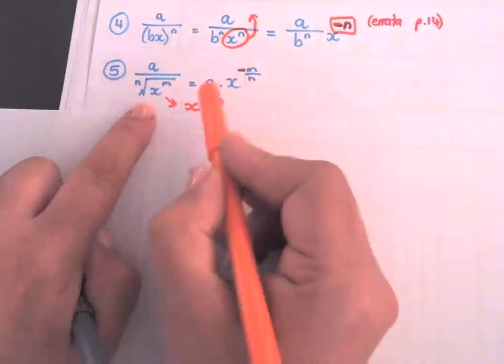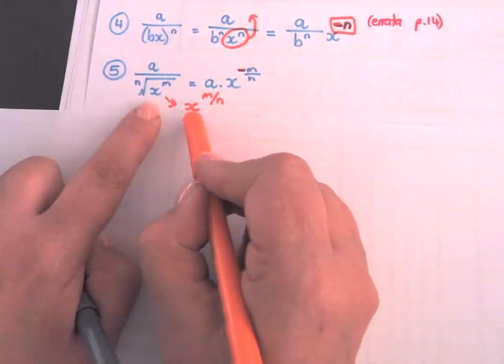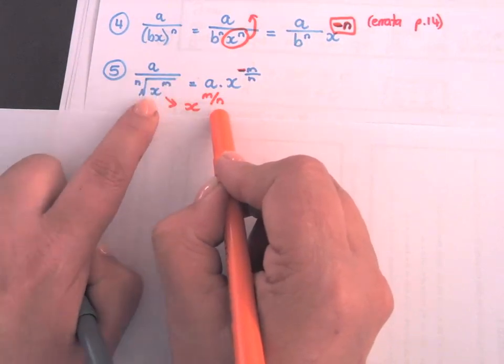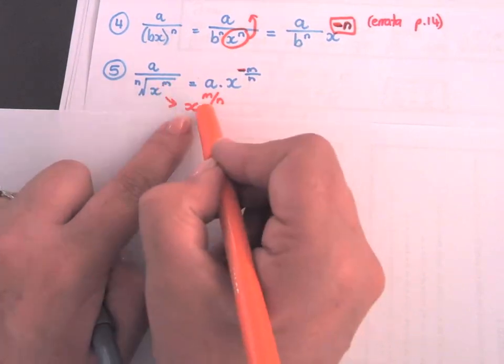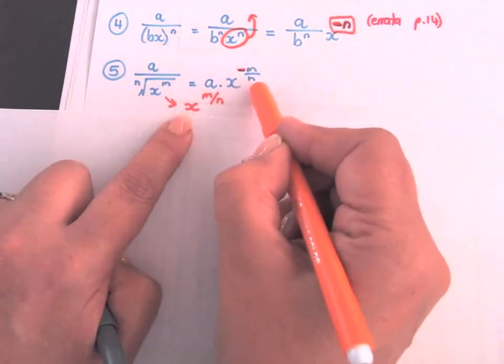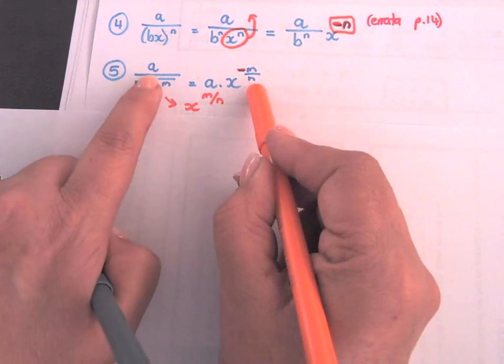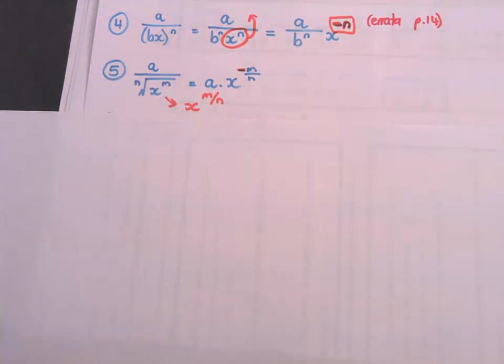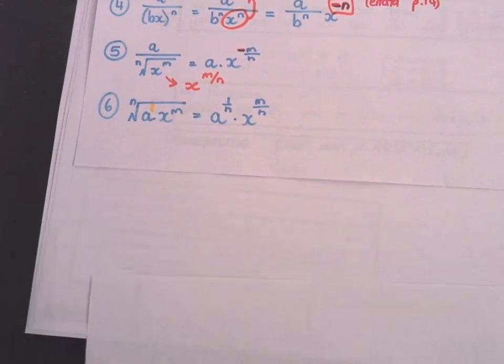The root of x can be written as x to the power of m over n to get rid of the root. And then we take this to the top, so it changes to a negative m over n, and a is in front of the x. Last one.